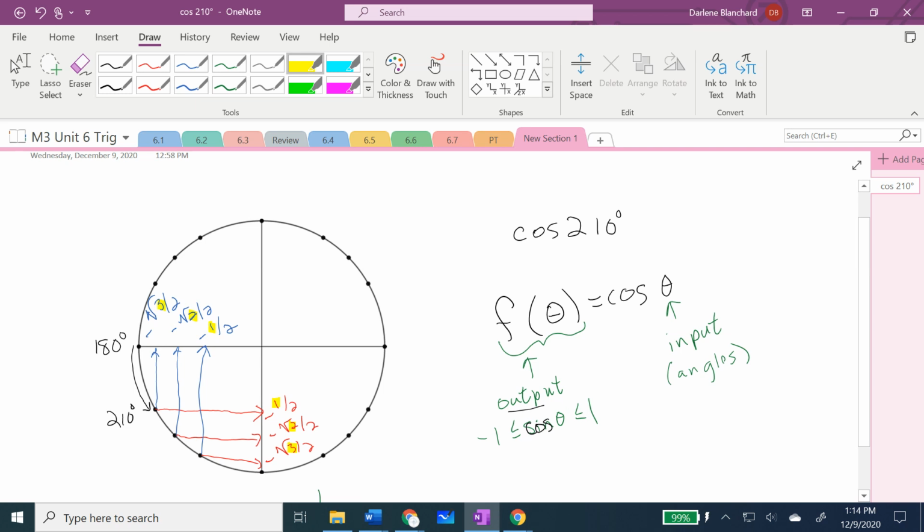So those very specific spots in quadrant 3, their x-coordinates go 1 over 2, root 2 over 2, root 3 over 2 with negative values. The x-coordinate then is that negative root 3 over 2.